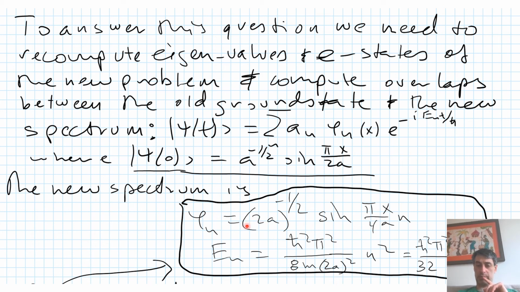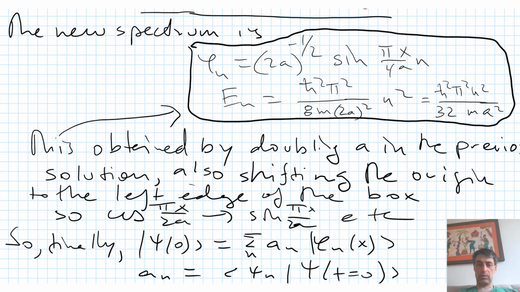So the new spectrum is here. All I did was go in, and everywhere I saw a previously, I made it 2a. That's fine. It's easy to do. So here's a new spectrum, obtained by doubling. The other thing I did was move the origin from the middle of the well to the leftmost corner of it, and that allows all of these cosines to be written as sines.